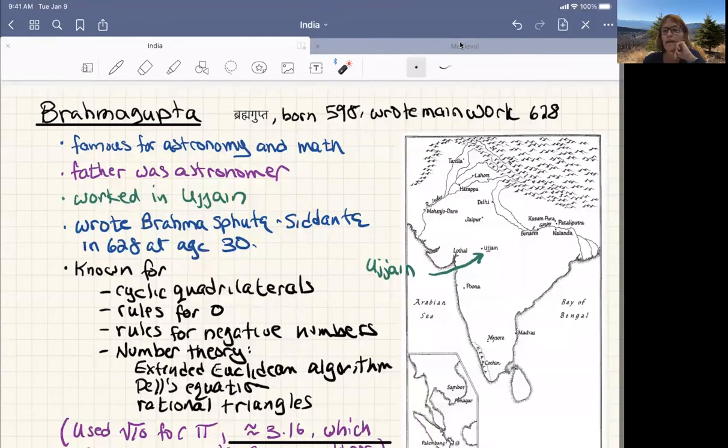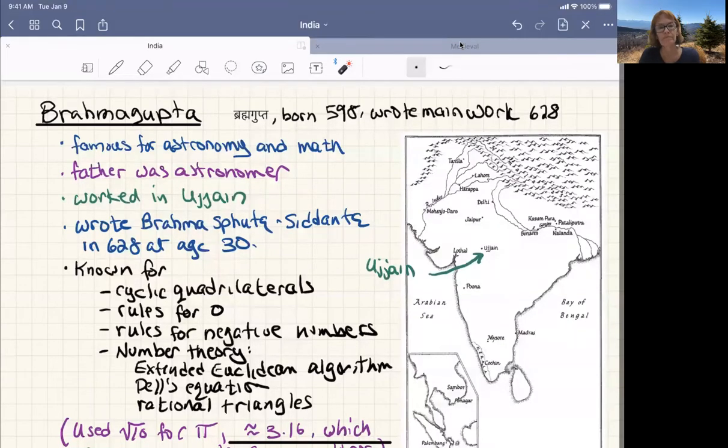So let's see what are some of the ideas that Brahmagupta is responsible for. He's known for cyclic quadrilaterals, and we're going to look at that a little bit more closely. Rules for zero, so rules for working with zero. For example, what is zero?